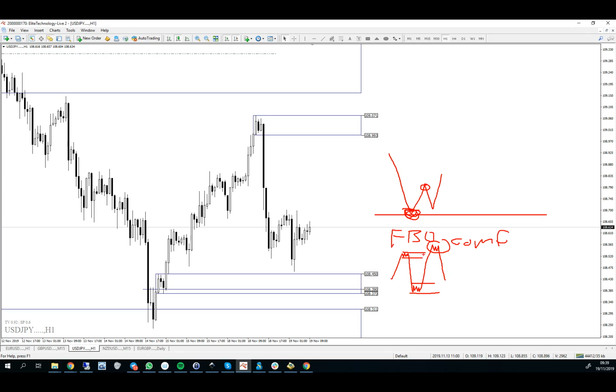People will be tricked to buy from here, and they will suffer a lot of drawdown around here, and they might panic and take off their trades, and then price would go to the region of this significant achievement and will kick off from here.